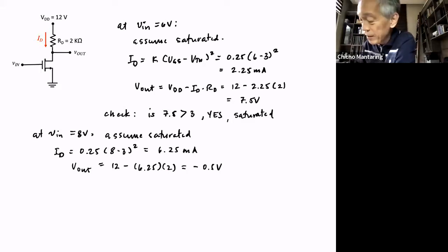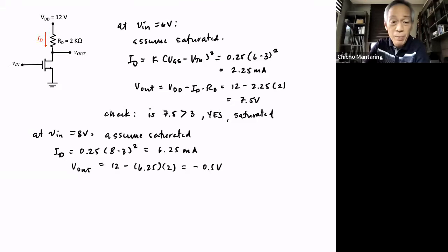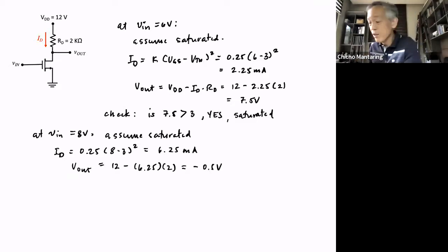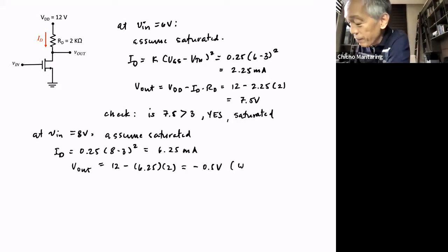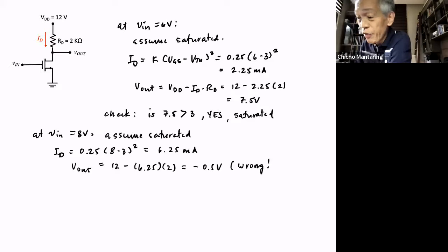Negative. No? Pag nakakuha ka ng negative number, magduda ka na, no? Just like with the bipolar transistor, you cannot get a VCE that is negative if your supplies are positive. No? So here, we already see that this is wrong. Because it is unlikely for Vout to be negative if there is no negative supply in our circuit.